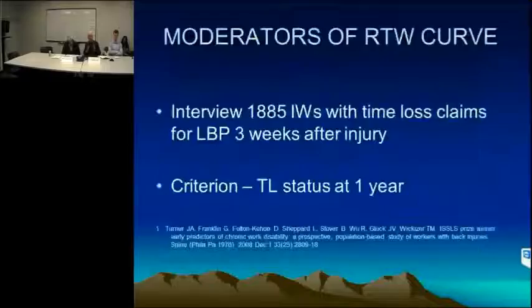So what are the things that moderate the curve? In other words, given this broad trend of most people not going on disability, of those who go on disability, most of them going off disability within a month, what are the factors that moderate that? And a very nice study I want to call your attention to, done by people here, Judy Turner, who was on our faculty, Gary Franklin, who's the medical director of Labor and Industries, but looking at injured workers in Washington State, they did interviews with 1,885 workers within about 3 weeks of the time that the workers had a low back injury and filed for disability.